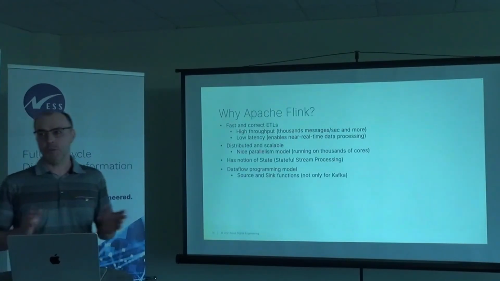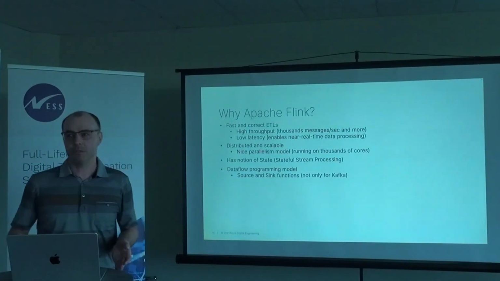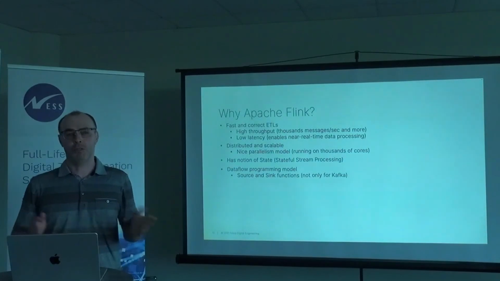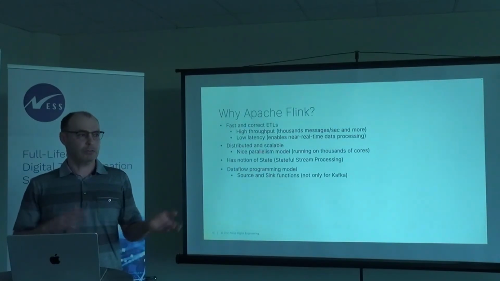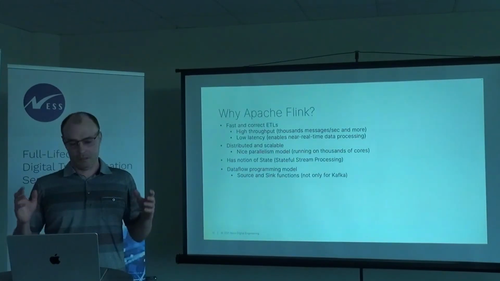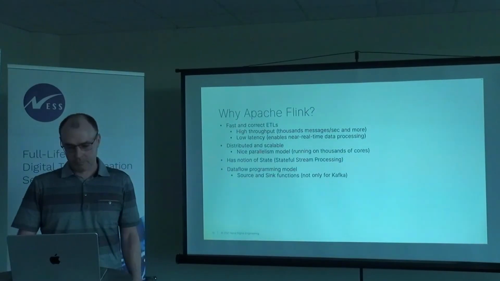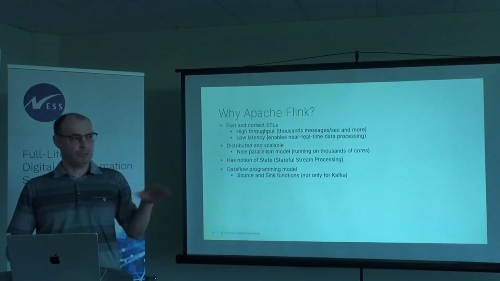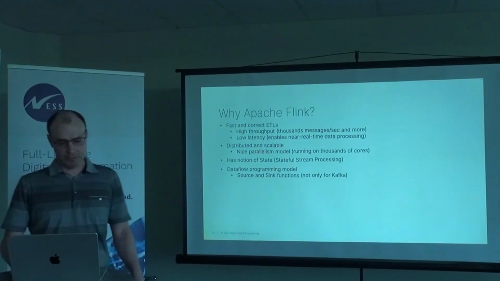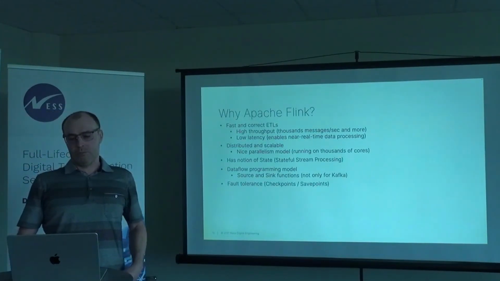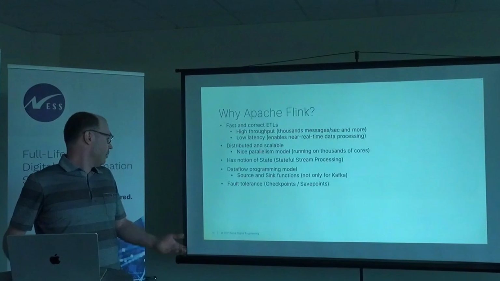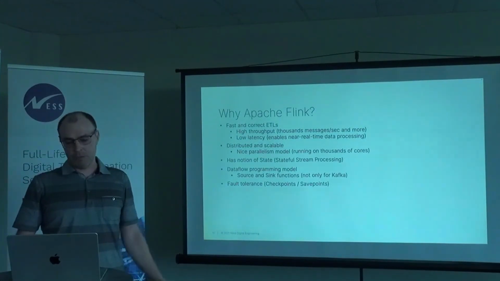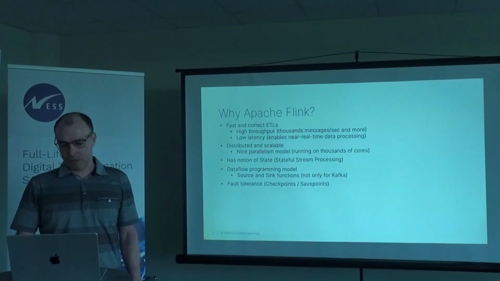If you're familiar with Kafka Streams, for example, it only supports source and sink within Kafka, and then you have to introduce Kafka connectors to put your data into external third-party systems. Flink has fault tolerance thanks to checkpoints and savepoints, which we will cover.